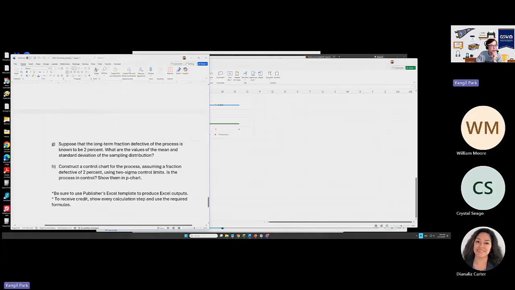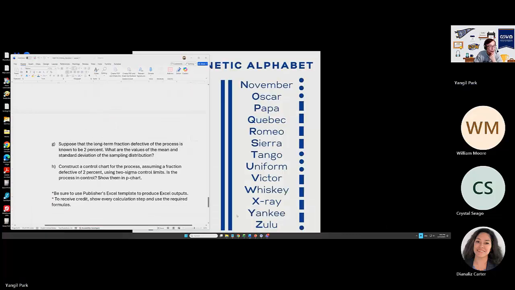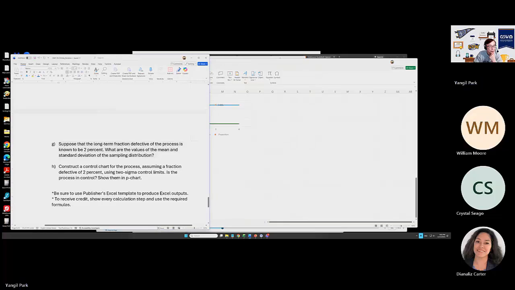There you go. It's asking, suppose the long-term fraction defective process is 2%. What are the value of mean and standard deviation of sampling distribution? All right, so we plug into standard deviation, because the proportion of the defective process is 2%.